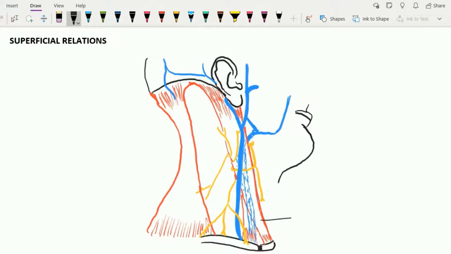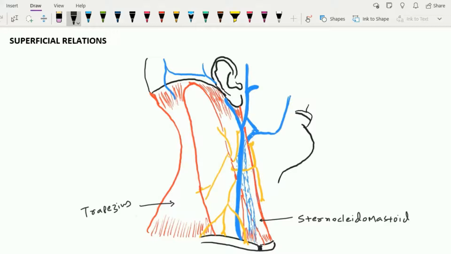So here, this is the sternocleidomastoid muscle, and on the posterior side we can find the trapezius muscle. Here on the superficial aspect we find the skin, superficial fascia, and within the superficial fascia we find the platysma muscle and the deep fascia investing layer, which also encloses the sternocleidomastoid muscle.